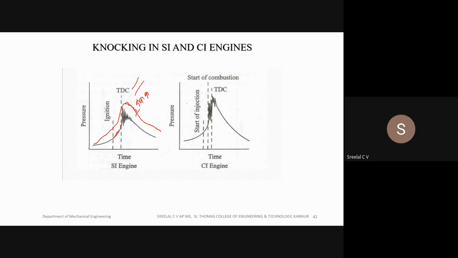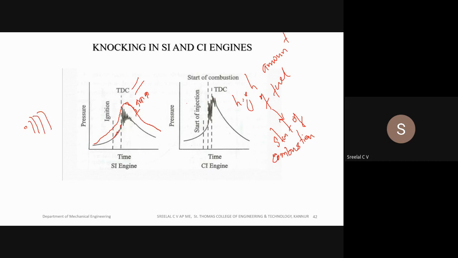ഓക്കെ, വി ഓൾറെഡി ഡിസ്കസ്ഡ് ദിസ്. In the case of here, what happens, the high amount of fuel അല്ലെ, അതാണ് at the time of start of combustion. ദിസ് സ്റ്റാർട്ട് ഓഫ് കമ്പസ്റ്റൻ ഒക്കെ കഴിഞ്ഞ് ഫ്ലെയിം will be propagating right like this, and at that time what happened, the unburned mixture will be burning before the normal combustion takes place.